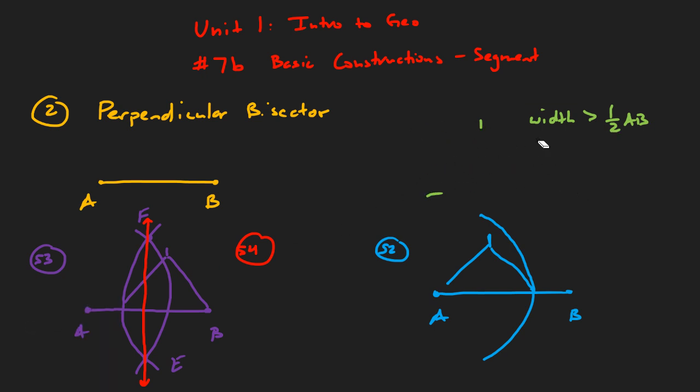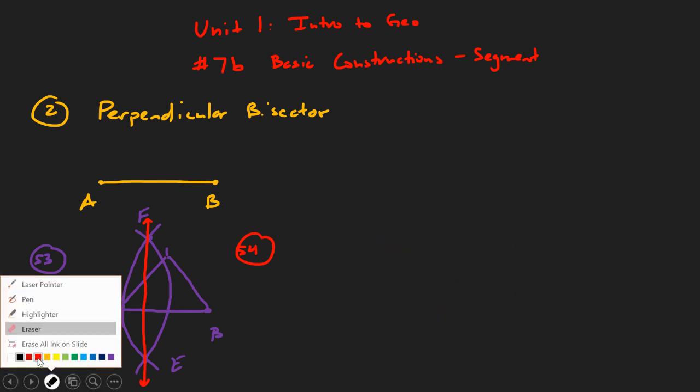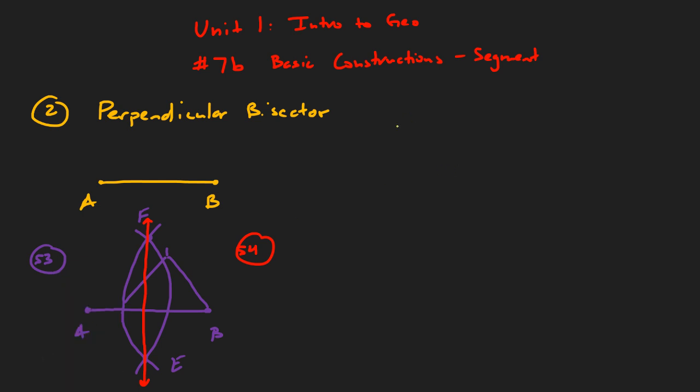Hopefully you have that copied down already. Step 5, you're done. You have what you want. And we'll talk about the geometric significance of that. So in step 5, you now have segment AB. You now have this line EF going through. F was up here.